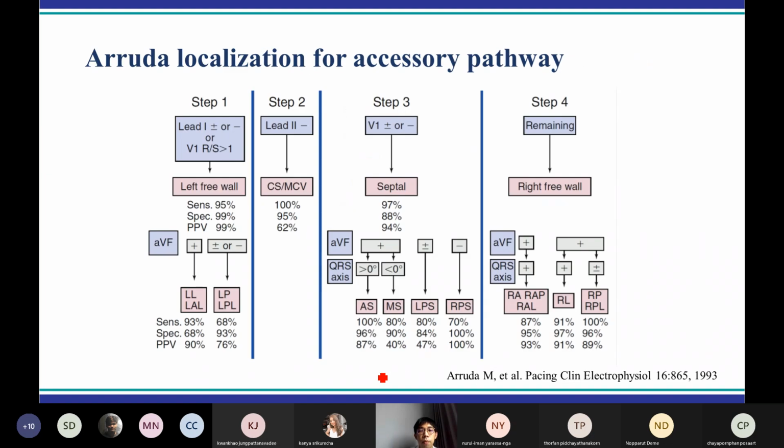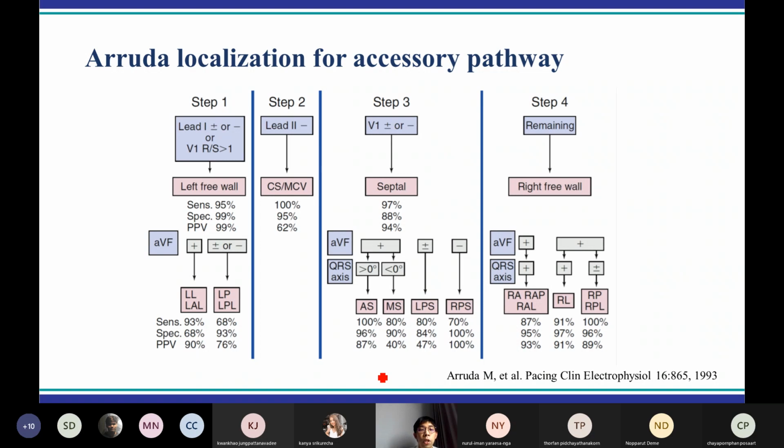This one is the most important method to identify the localization of the accessory pathway. It's called the Arruda criteria. There are 4 steps in using this algorithm. Step 1, we look into lead I or V1.